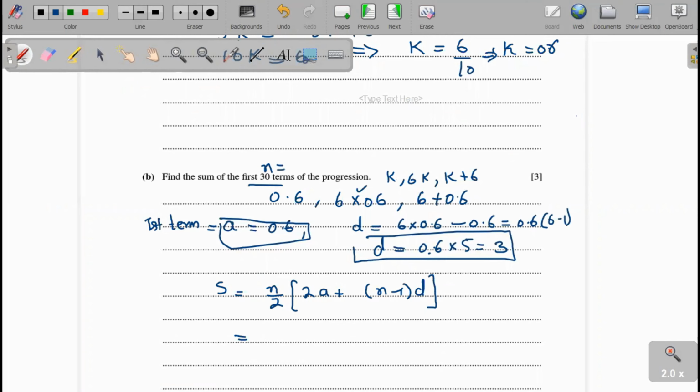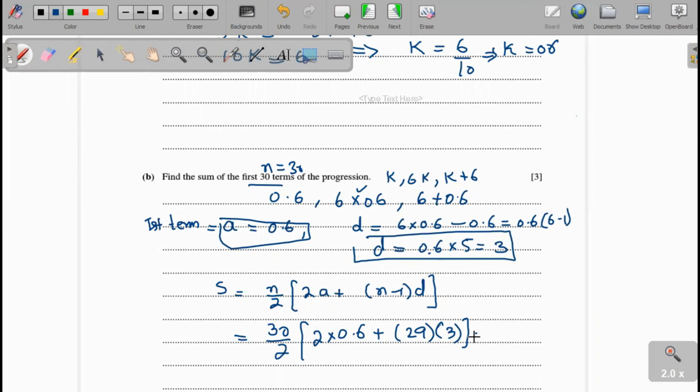Now we put 30 over 2, 2 times a, which is given here as 0.6, n minus 1 is 30 minus 1, 29, and d is given here as 3.